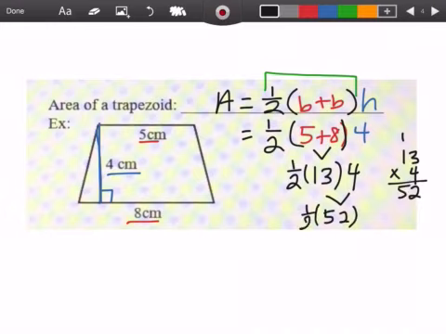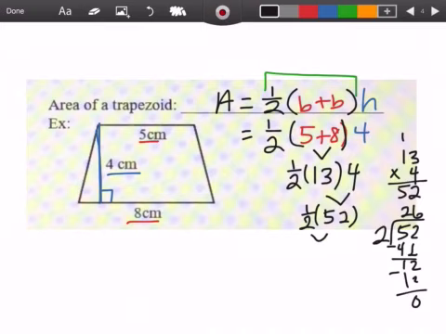And now I'm going to find half of that. So half of 52 is doing 52 divided by 2. That's what this means. Half of means divide by 2. And that's going to give us 26. So our answer here is 26 centimeters squared again.